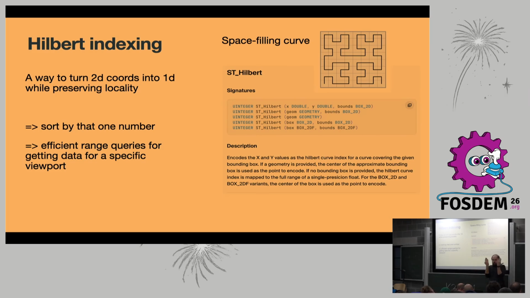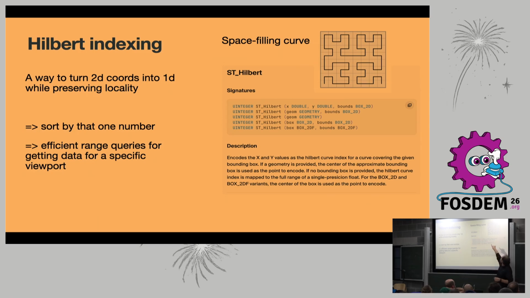These are two numbers, and you can save them separately. But our purpose is to have a column by which we can sort, so that things which are close to each other are also close in the table, so that we need to fetch fewer chunks, right? And this is a way to do that.